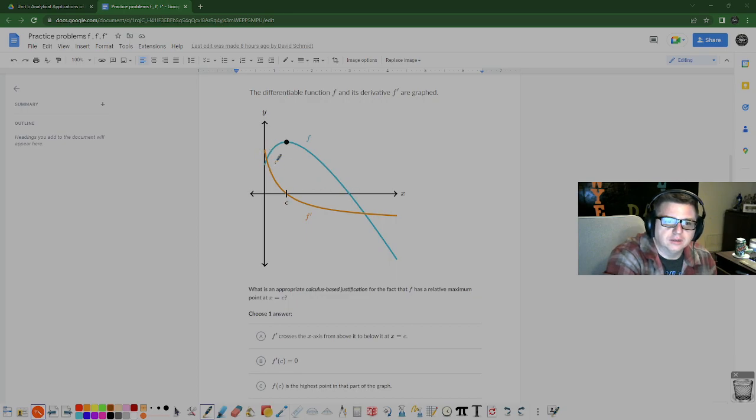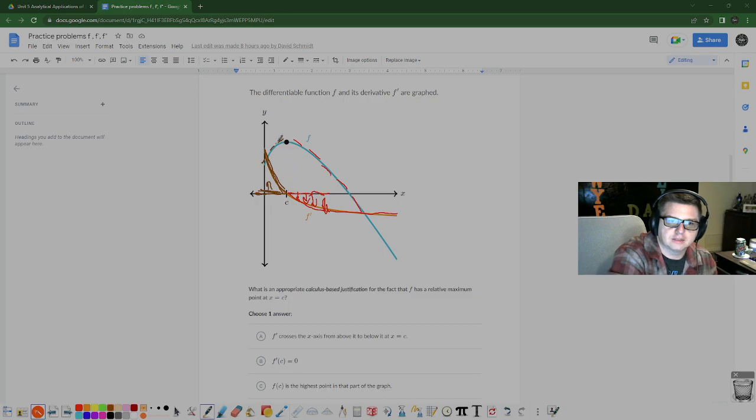Whatever the brown f prime, so right here I can see all of this is above the x-axis. It's all above the x-axis. And then once we get past all of that, it's all below the x-axis. Okay, so what that means is these are all decreasing and these are all increasing.